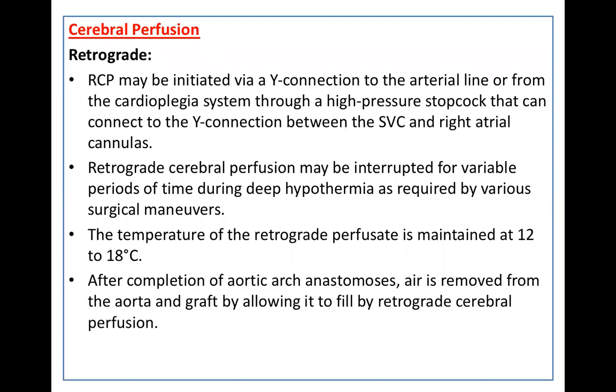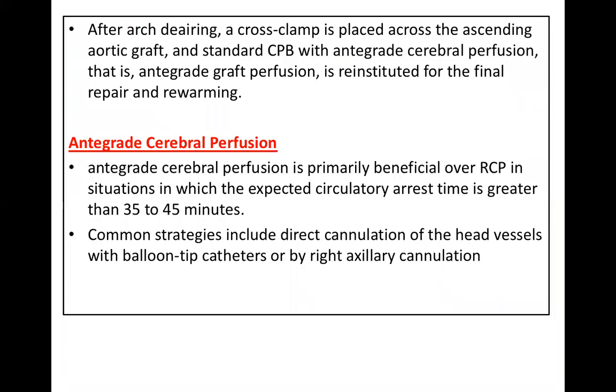The advantage doing this is that you have a washout from the neck vessels, and the risk of having debris that is embolizing is maybe less. This is my personal opinion. There are definitely surgeons who object to use retrograde cerebral perfusion at all. They prefer selective antegrade cerebral perfusion.